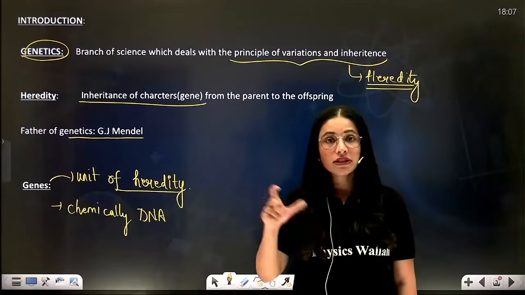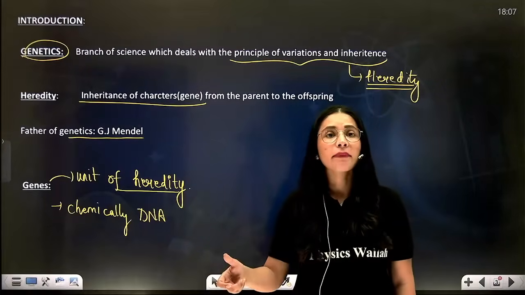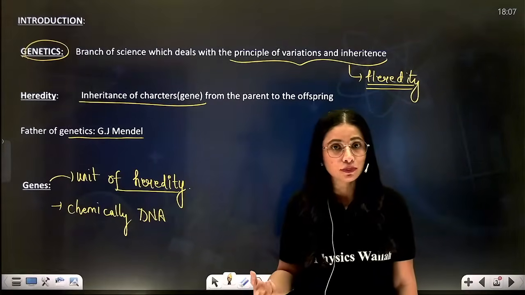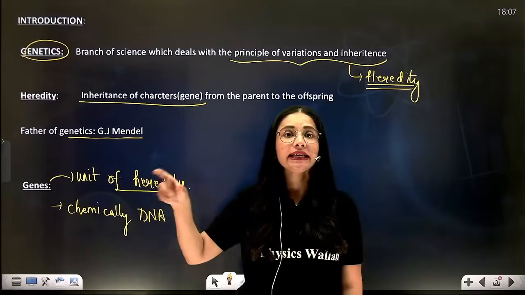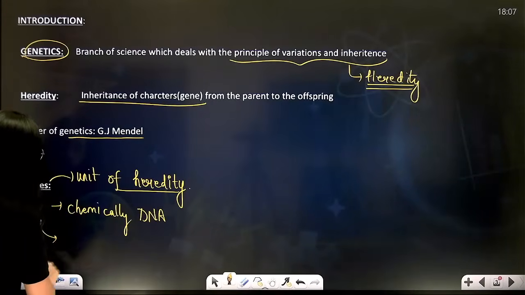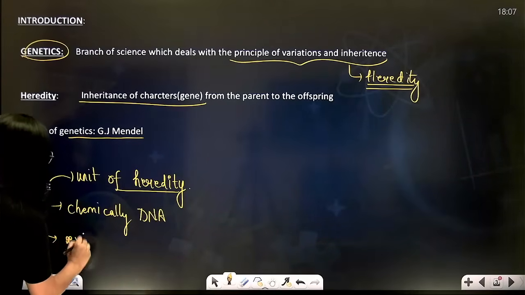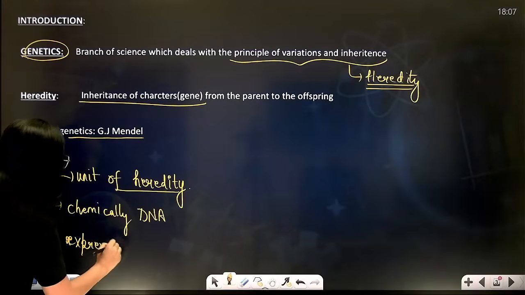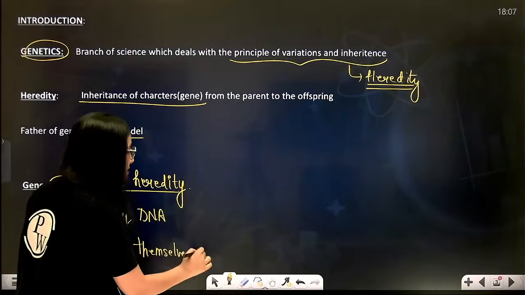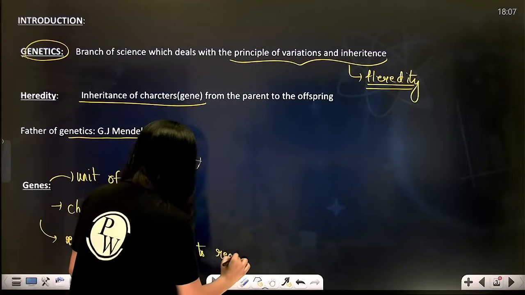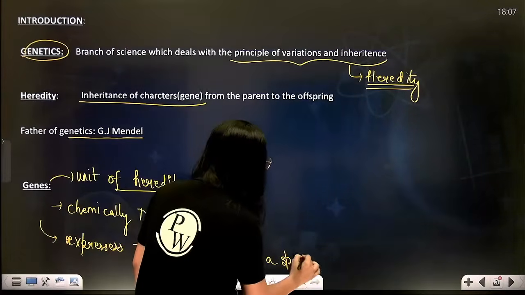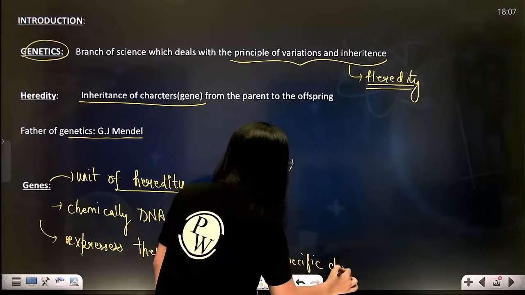So basically genes are the unit of heredity which are made up of DNA. Genes express themselves, they produce protein in order to regulate the character in an organism. So the third point you can write for genes: genes express themselves to regulate a specific character in an individual.